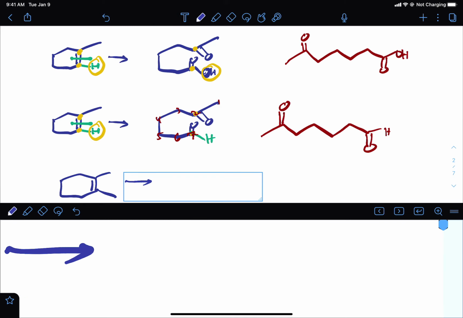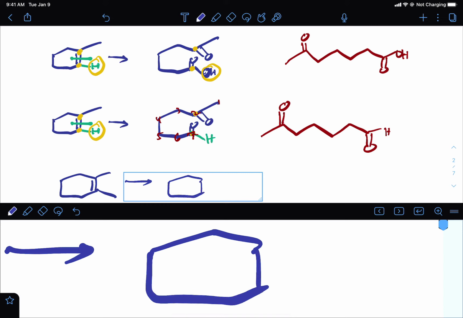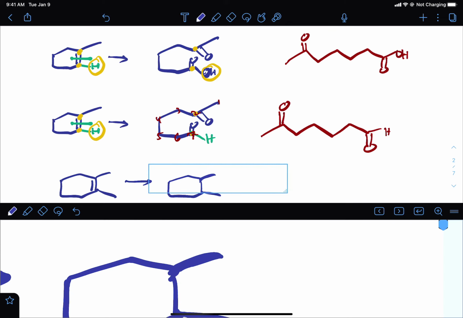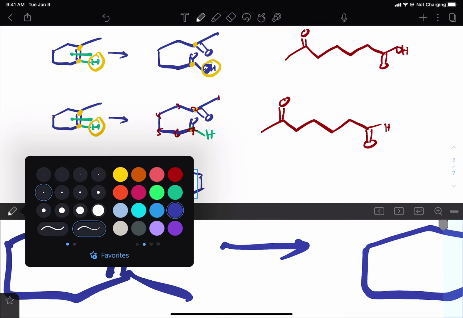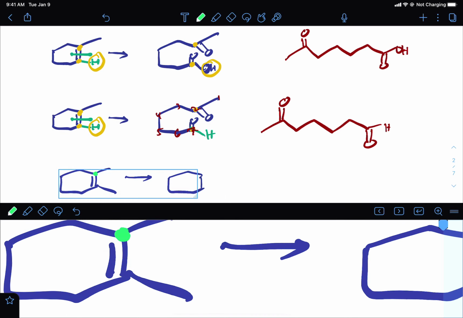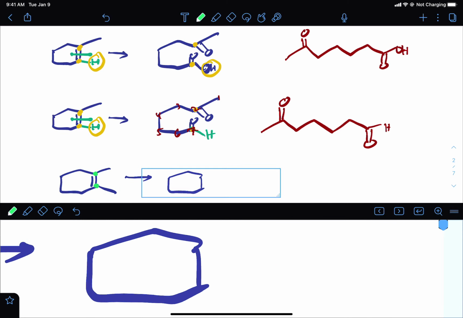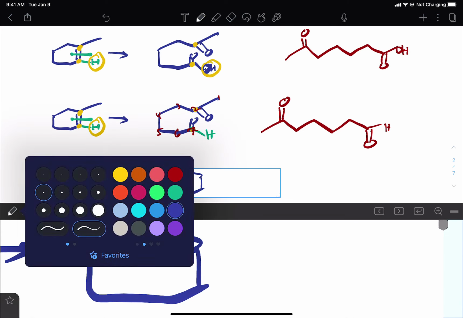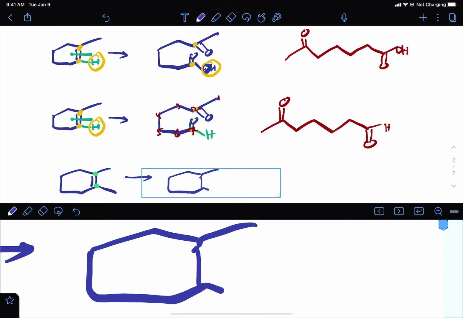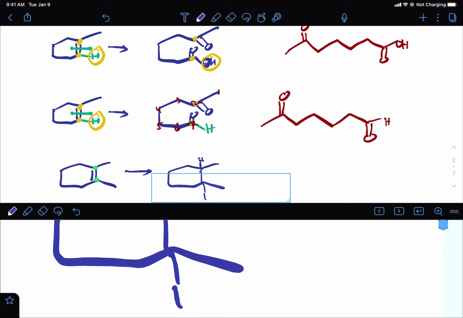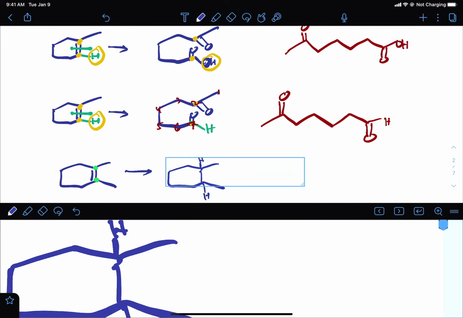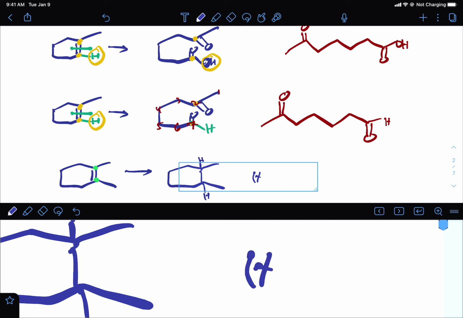Where we're going to just essentially, you can think of it as just getting rid of the double bond like that. But it's a little bit more complicated because the H's add syn. So notice that there are no H's on these double bonded carbons. But when we get rid of that double bond, we are putting H's in. And what you have to remember is that in hydrogenation, the H's add syn.